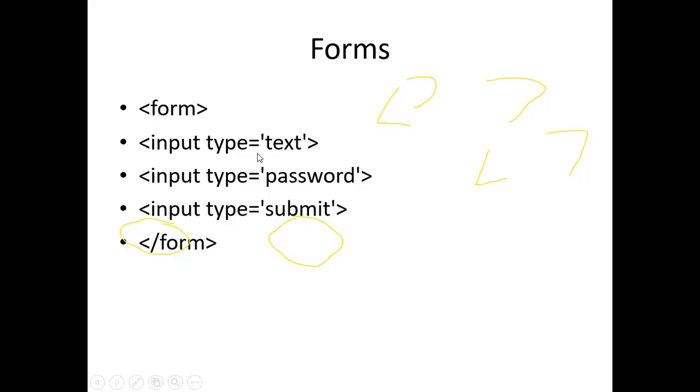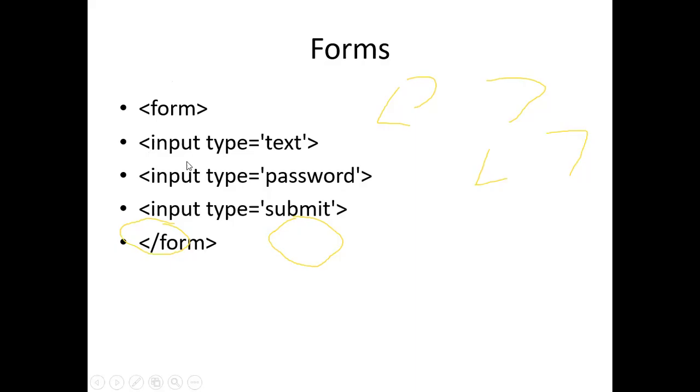Next we have the form, which mostly all web pages have. What is the use of the form tag? It is to take input from the user. This form tag is used in HTML to take input from the user.